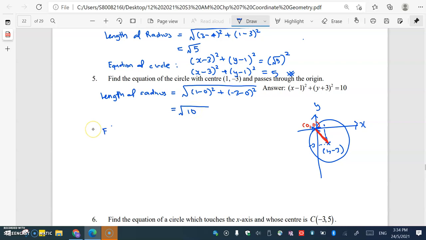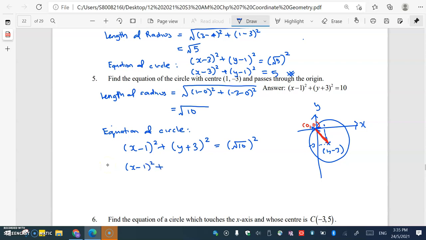So if I were to write out the equation of this circle specifically, it is x minus 1 squared, because that's the center of the circle. Please watch the sign. Plus y minus negative 3, so that's y plus 3 squared, equals square root 10 squared, which means it is x minus 1 squared plus y plus 3 squared equals 10.